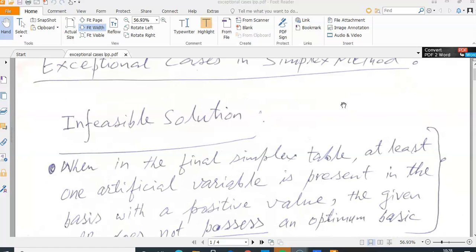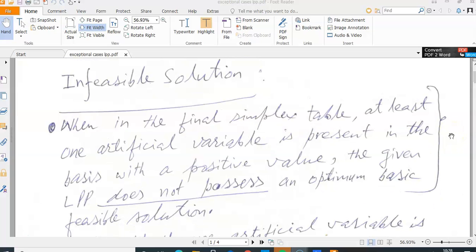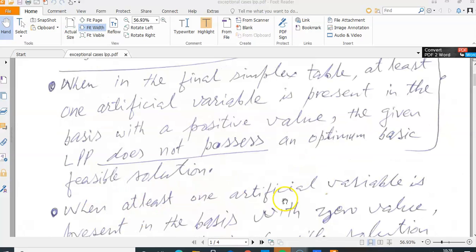The first one is infeasible solution. When in the final simplex table at least one artificial variable is present in the basis with a positive value, the given linear programming problem does not possess an optimum basic feasible solution.